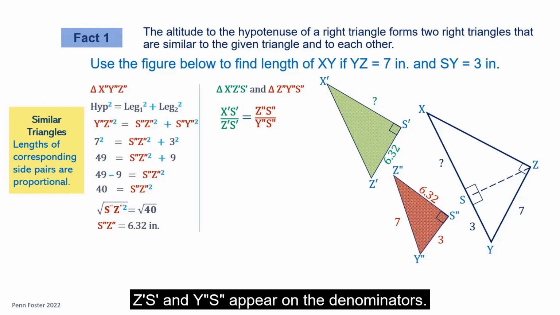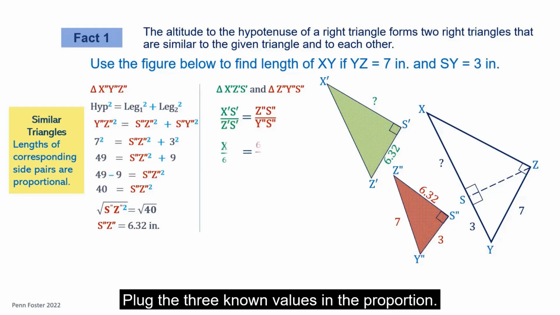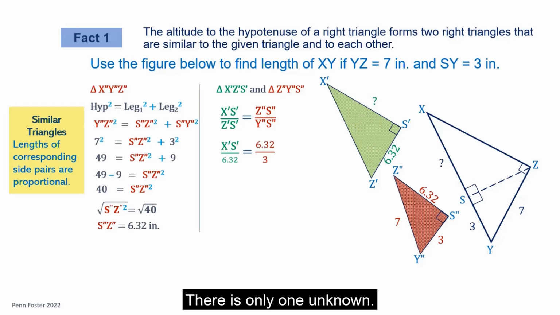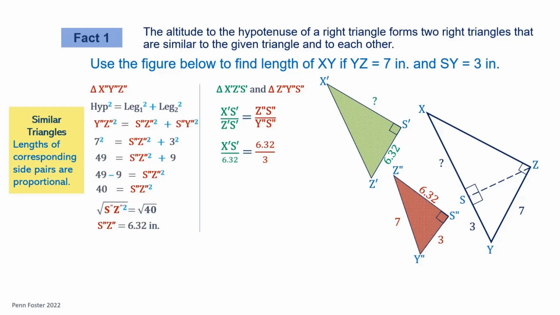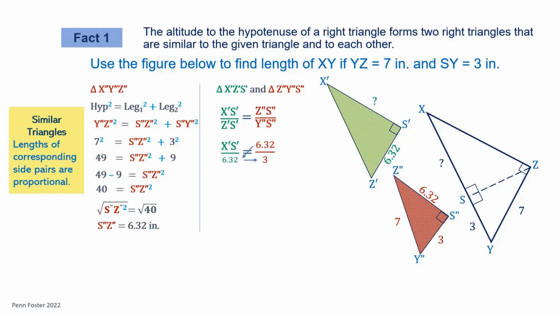Z'S' and Y''S'' appear in the denominators. Plug the three known values into the proportion. There is only one unknown. Solve by cross multiplication and division by the third value.